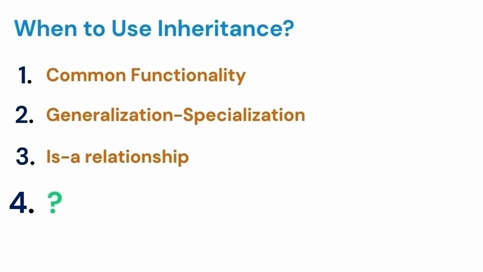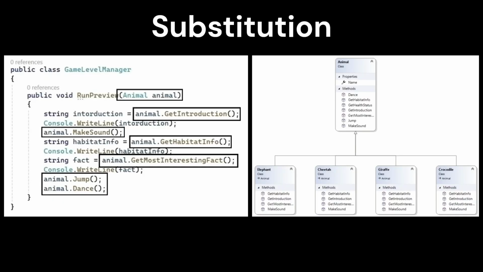When we create inheritance between two classes, it establishes an is-a relationship. At first glance, the is-a relationship seems like the most logical and intuitive way to decide when to use inheritance. But there's a catch. When we use polymorphism, it's crucial that child classes act as proper substitutes for their parent.